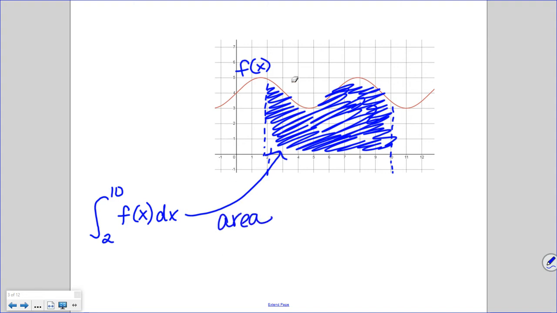Now we do have to be careful in finding this number, because in general we think of areas as always being positive. However, definite integrals can be positive or negative.